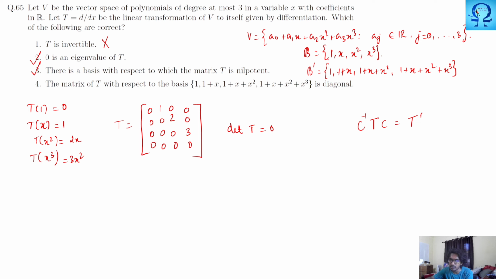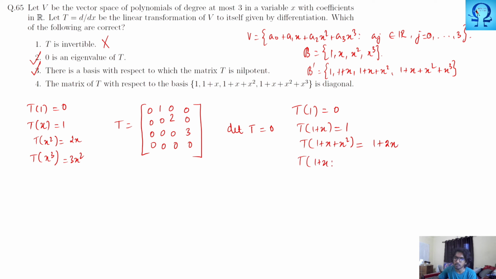Either you will have to find this transformation matrix and then multiply in this way, or you can find the matrix through this itself. T of 1 plus x is 1, and T of 1 plus x squared is 1 plus 2x. T of 1 plus x plus x squared is 1 plus 2x plus 3x squared.